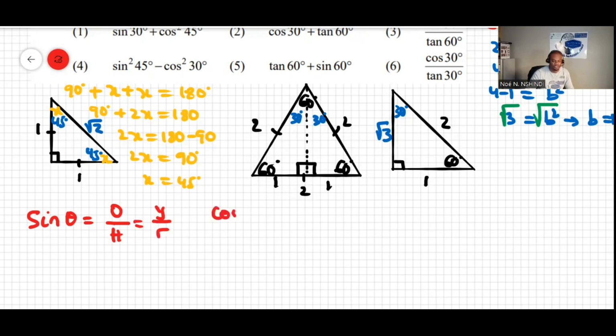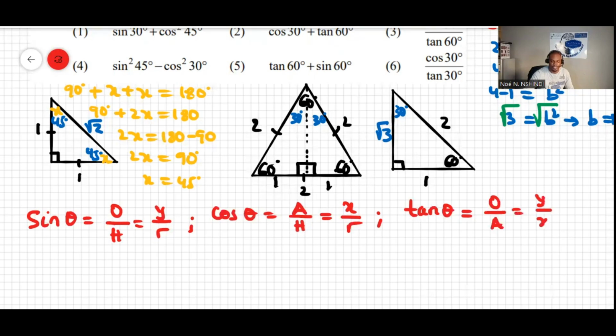Then cos of the angle is given by adjacent over hypotenuse, sometimes written as x over r. And then tangent of the angle is given by opposite over adjacent, sometimes written as y over x.